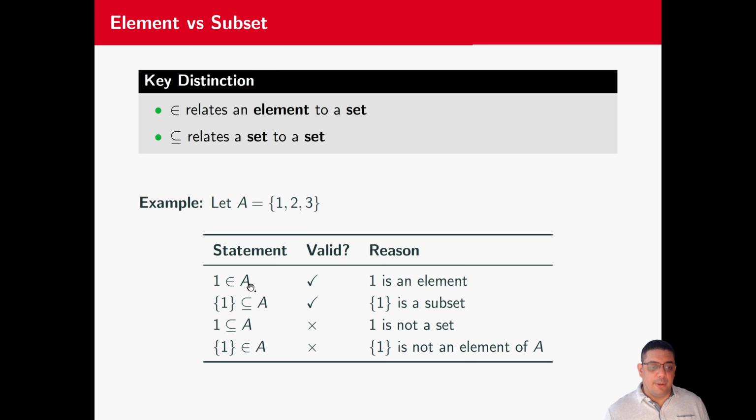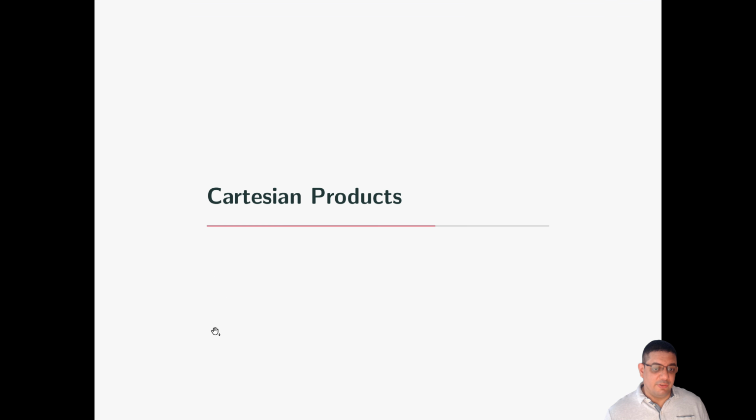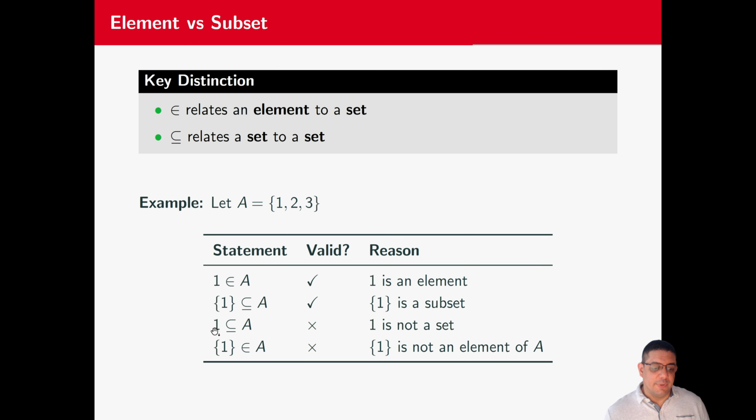So first we have that 1 belongs to A, which is true because 1 is an element of A. Now the set of 1 is a subset that is contained in A, and that is true. If you check, the element 1 is contained here, so this subset is contained in A. Now 1 is not a subset of A because 1 by itself is not a set.